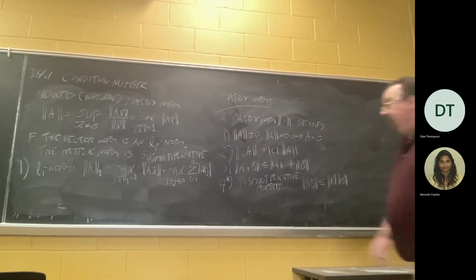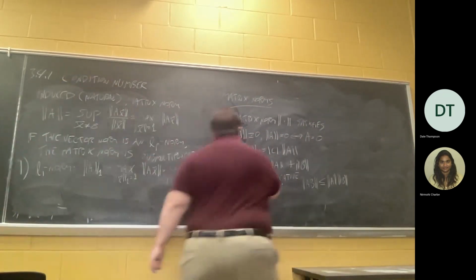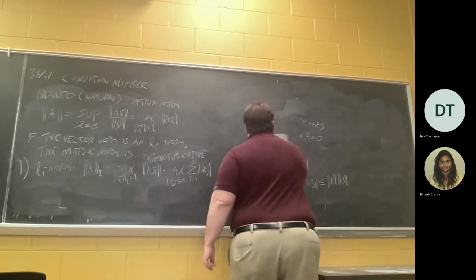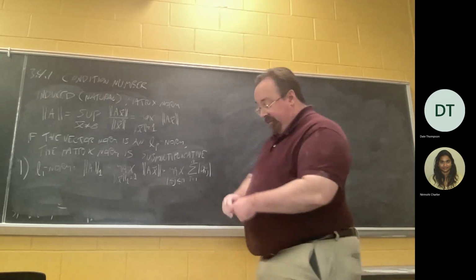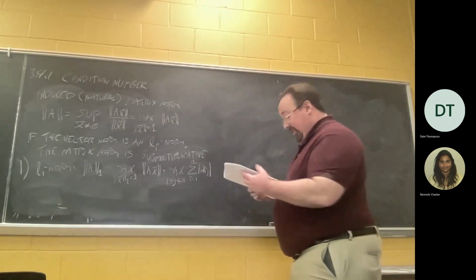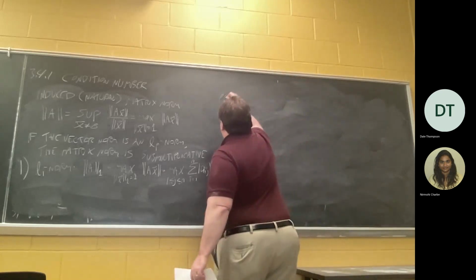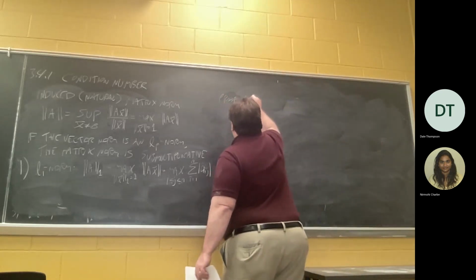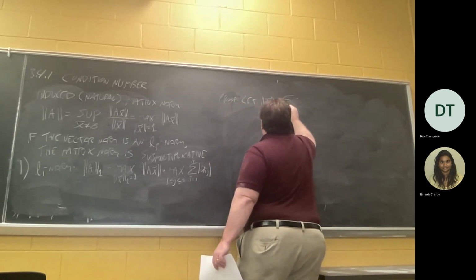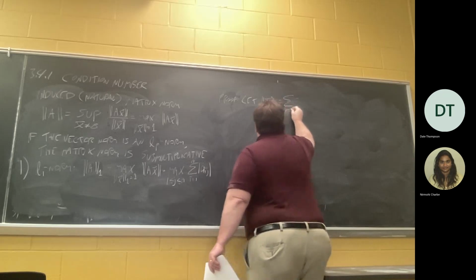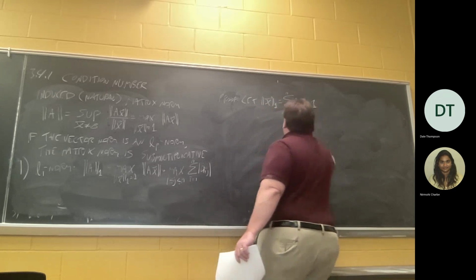Okay. So I'm going to show you how this formula can be proved. I'm going to assume that the one norm of X, which is the sum of the absolute values of all the elements of X, is equal to 1.